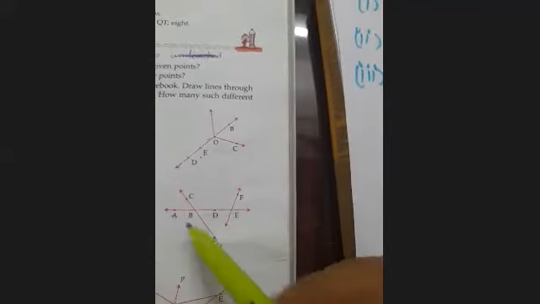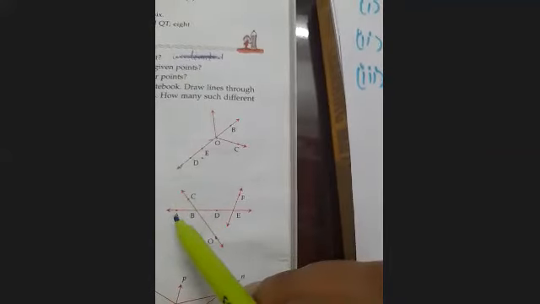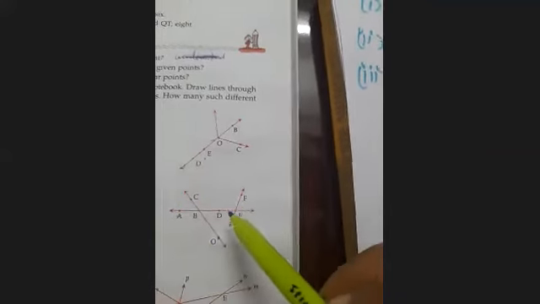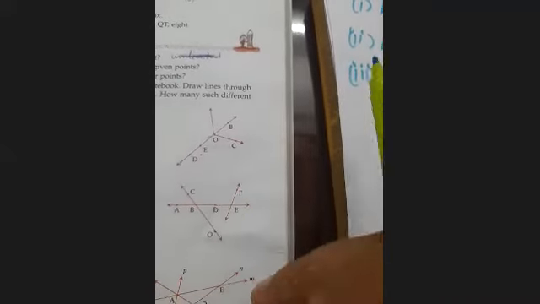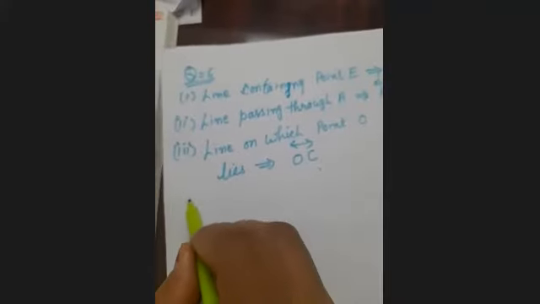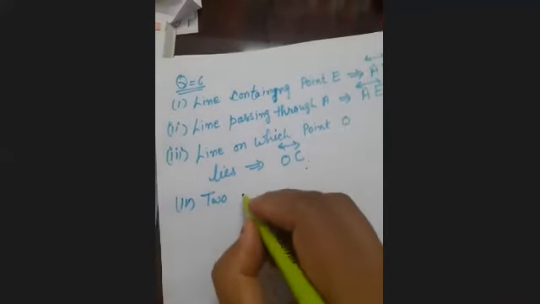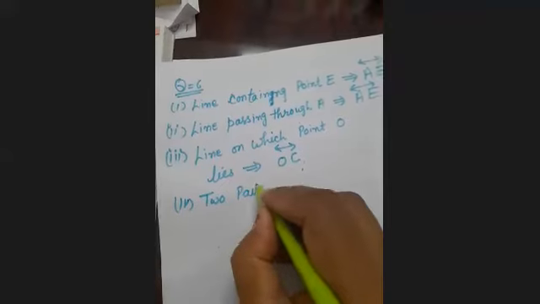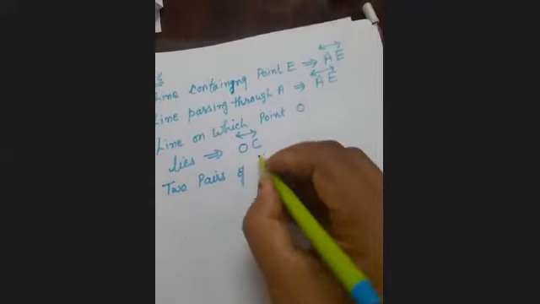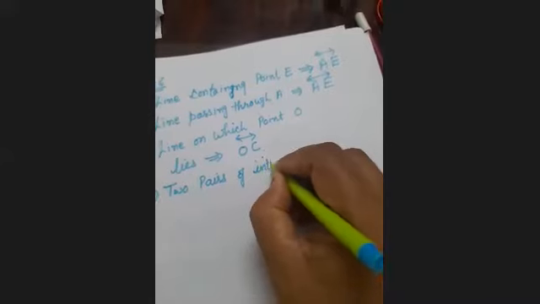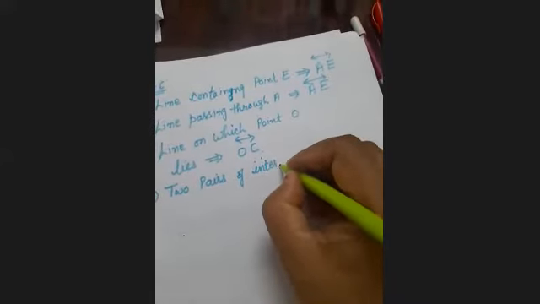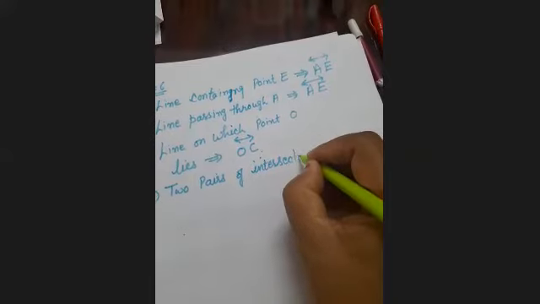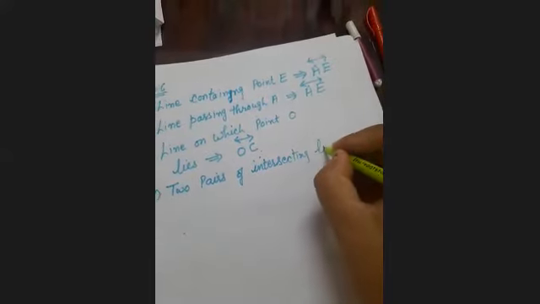Two intersecting lines are AE and OC. Second is AE and EF. These are two intersecting lines. Fourth part, two pairs of intersecting lines.